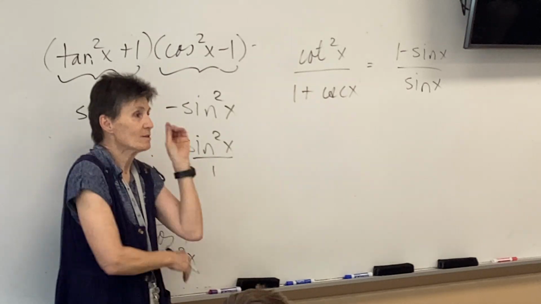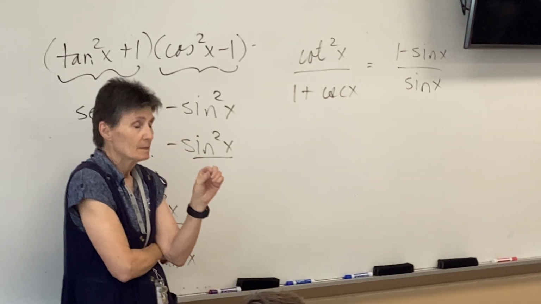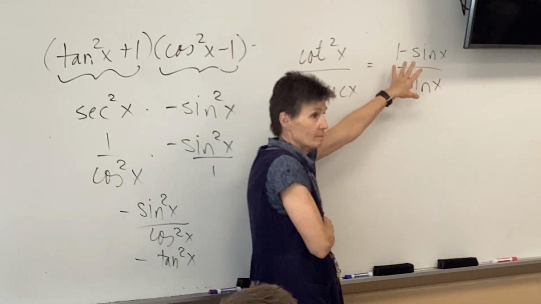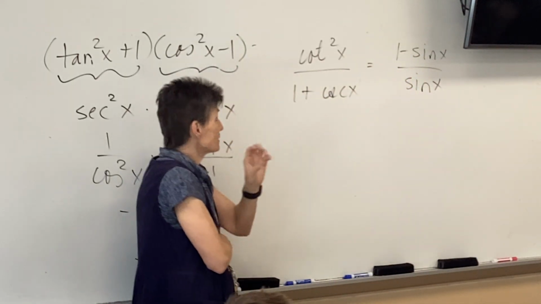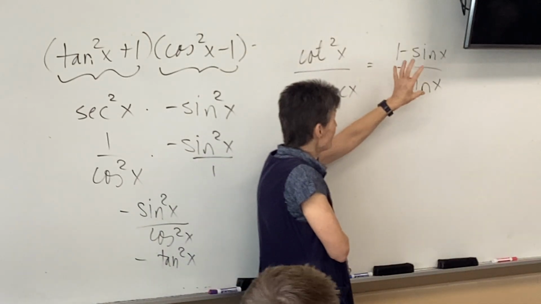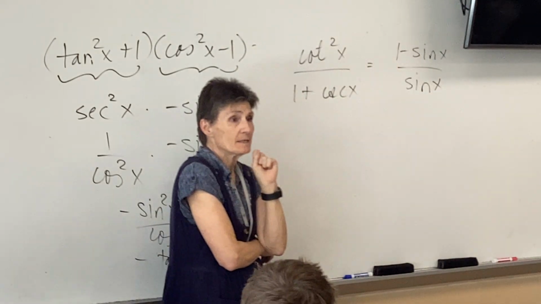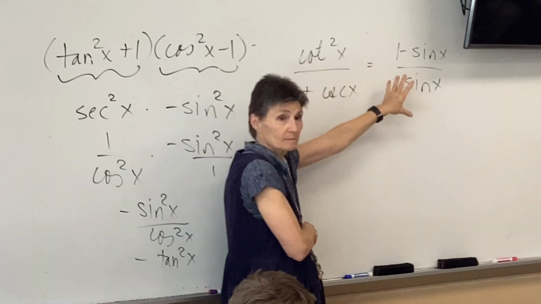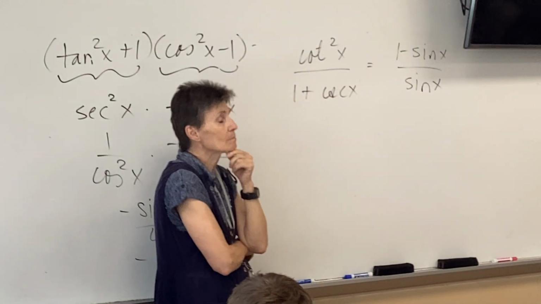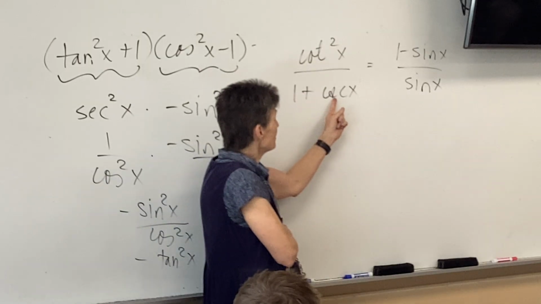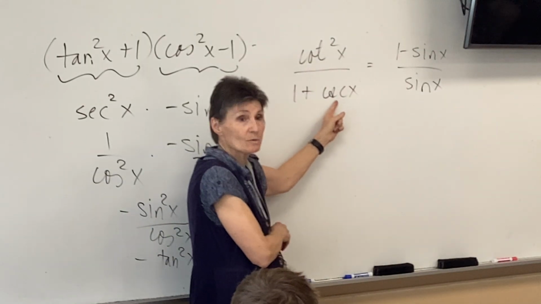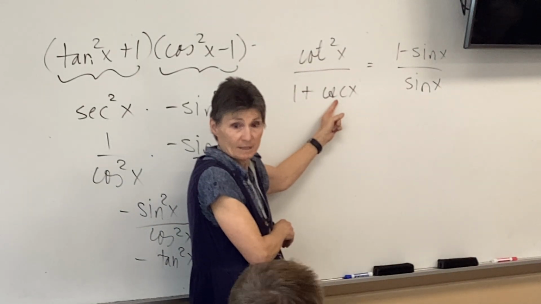Now, it's always a good idea to keep an eye on where you're going. That's where I'm going. Notice that that is all signs. This is okay. Is it cosecant, the reciprocal of sine?